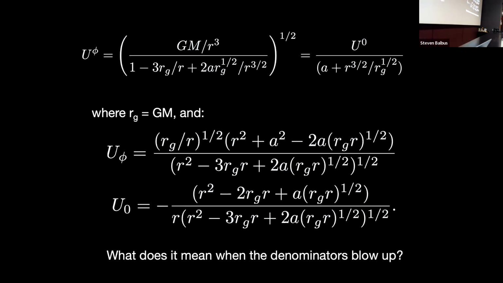And it looks like that. But don't worry, because there will not be a quiz after the talk. And I'm not expecting you to take this all in. It's complicated. The algebra for this gets to be very messy. If it's any consolation, you can take A equals 0 and RG, remember RG, GM over c squared, the gravitational radius. You can put those equal to 0. And you'll find that u phi really is just (GM over R cubed) to the 1/2.